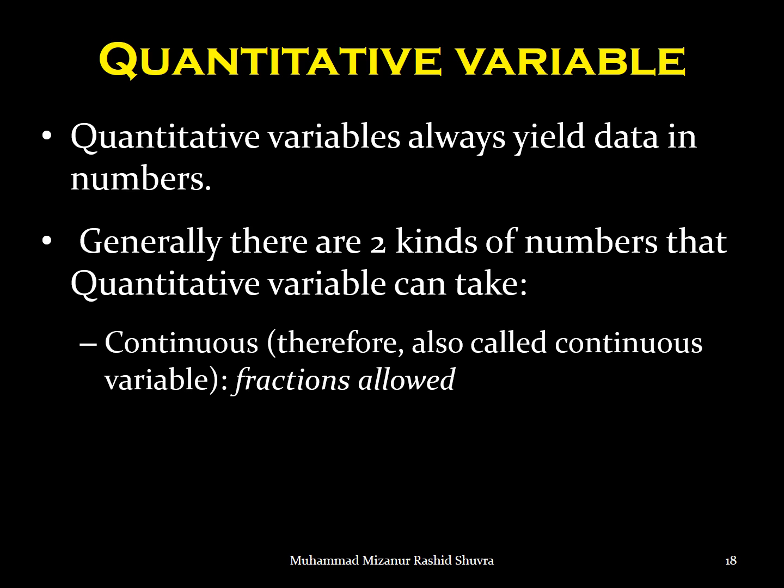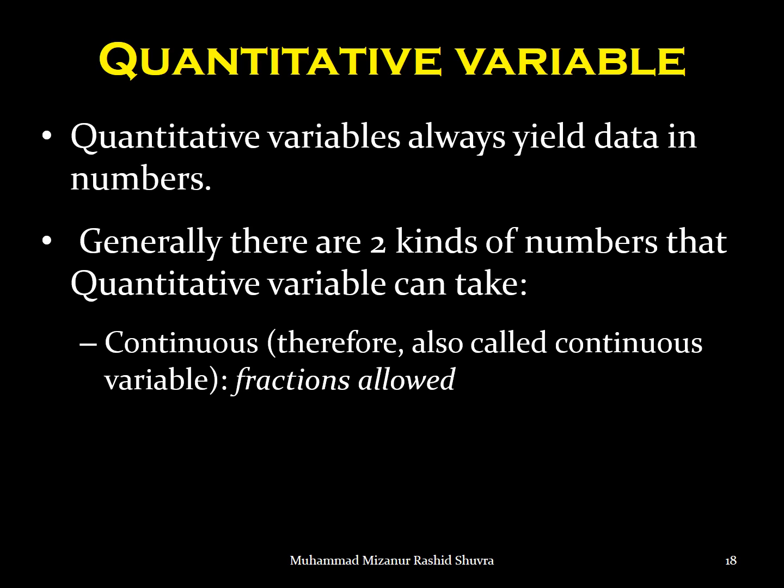So the first kind is really called continuous, and again, note the word meaning, continuous variable. Okay, so data that are continuous in nature in quantitative variable is called continuous variable also. So fractions are allowed here, because in a continuity you may have fractions.